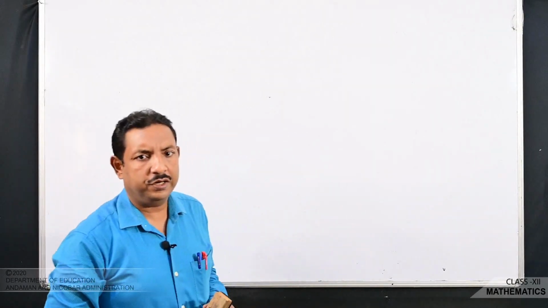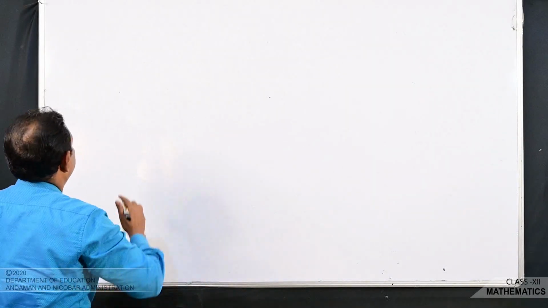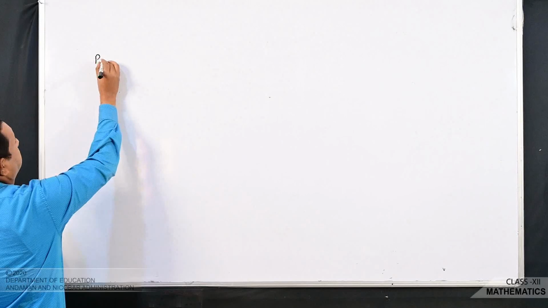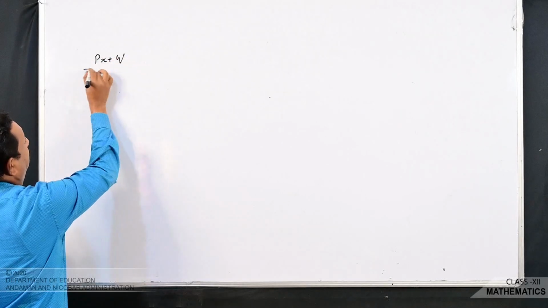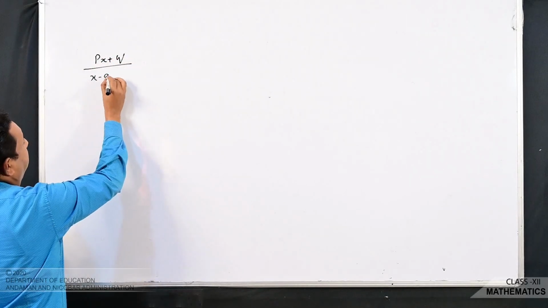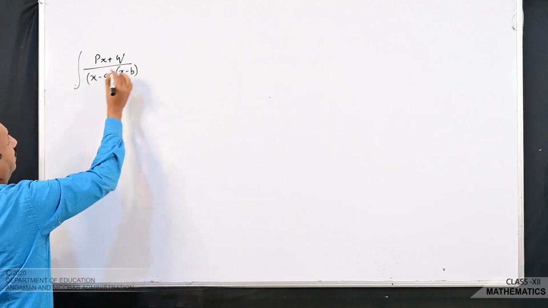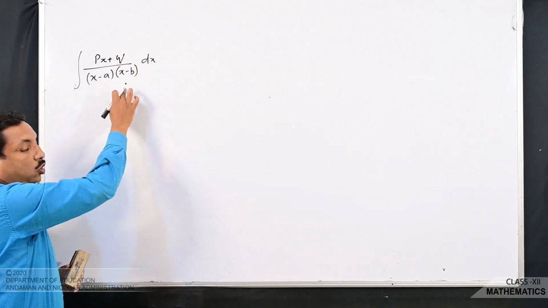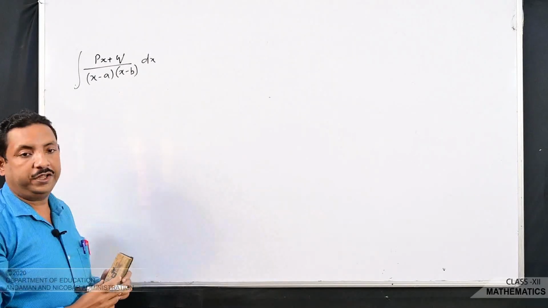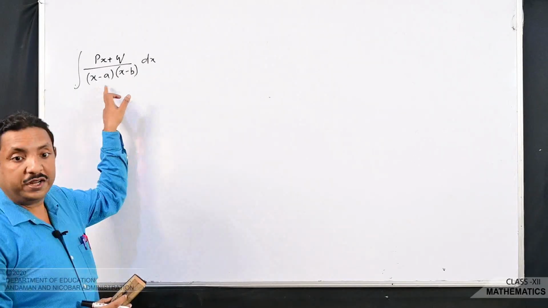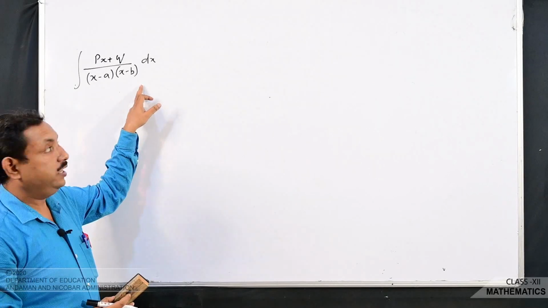If your integration is in the form of px plus q divided by x minus a into x minus b, that means it is in the form of linear by quadratic. Once again it is the same thing, but the quadratic expression is factorable.